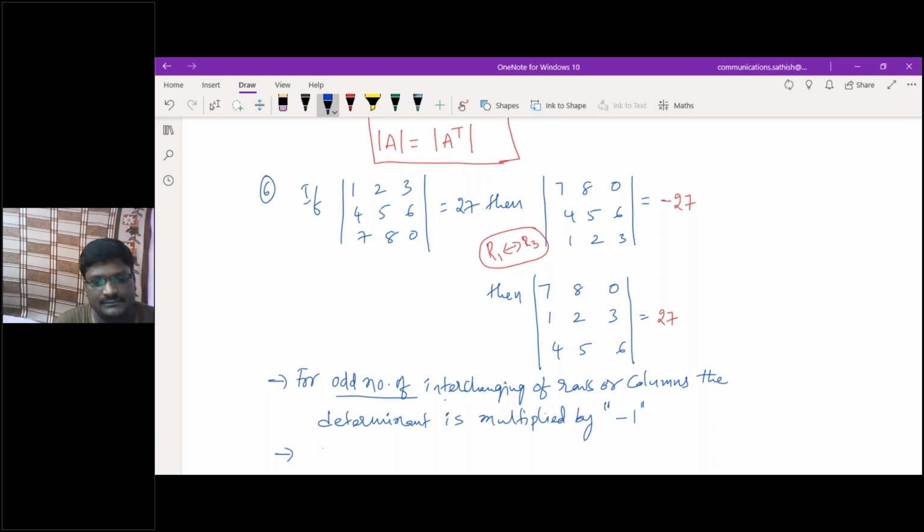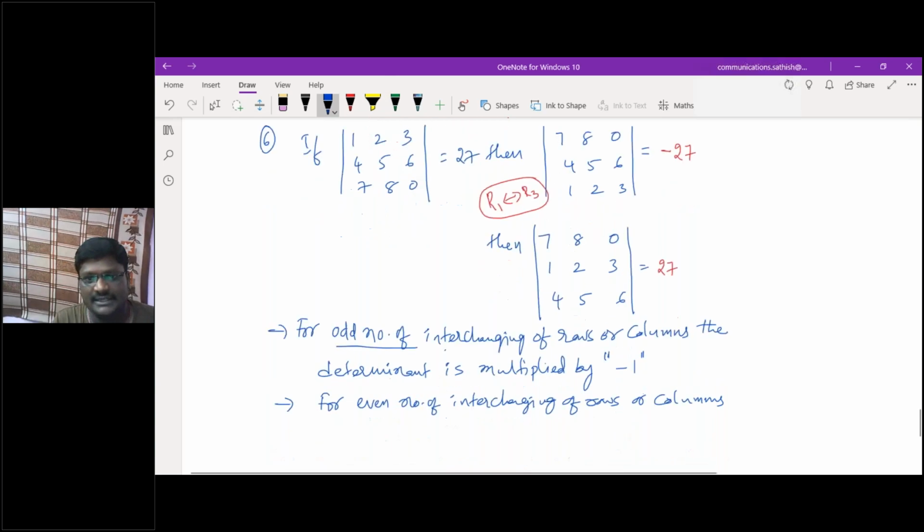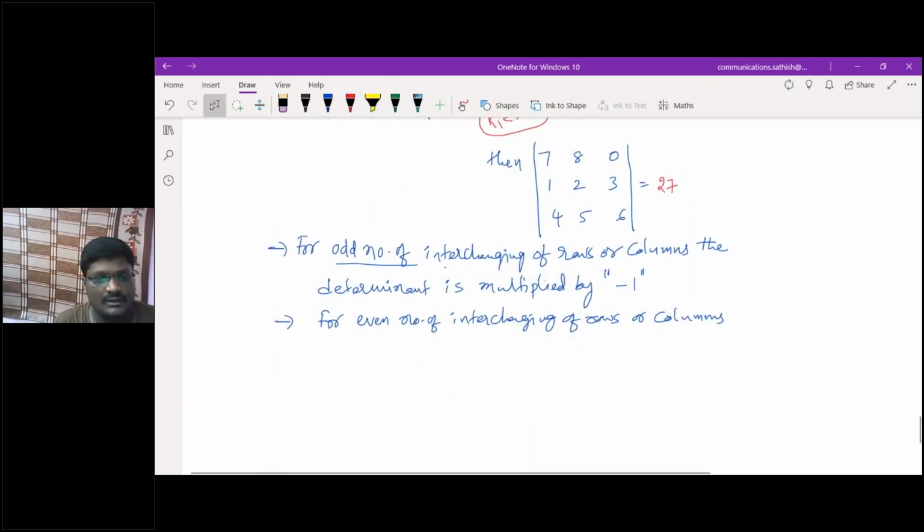For an even number of interchanges of rows or columns, the determinant is multiplied by plus 1.